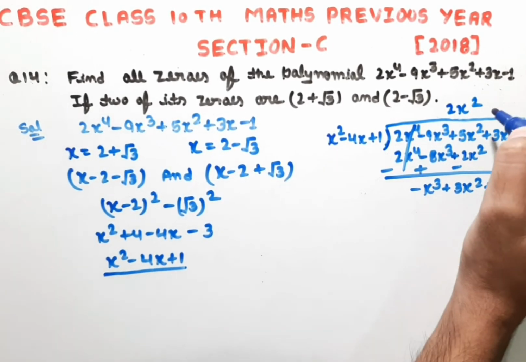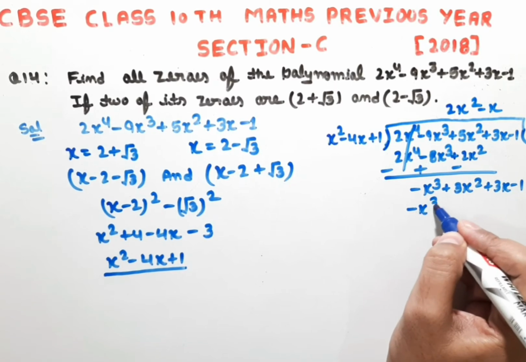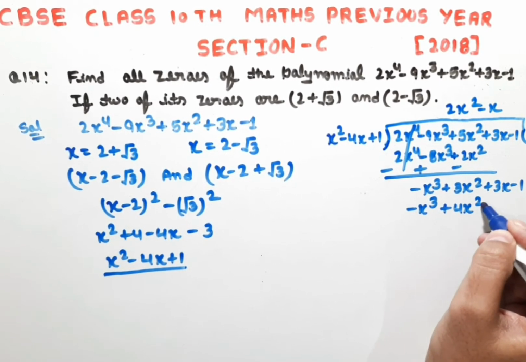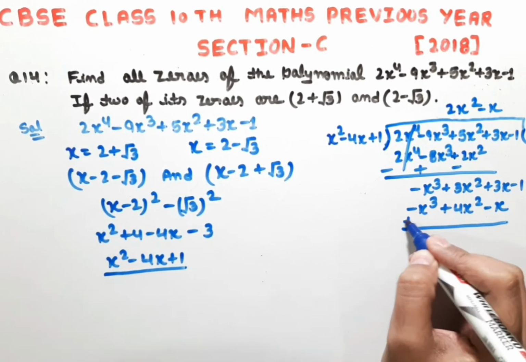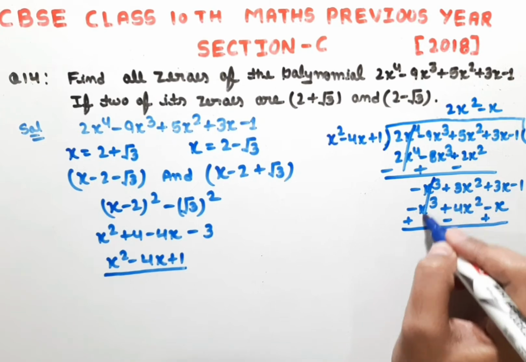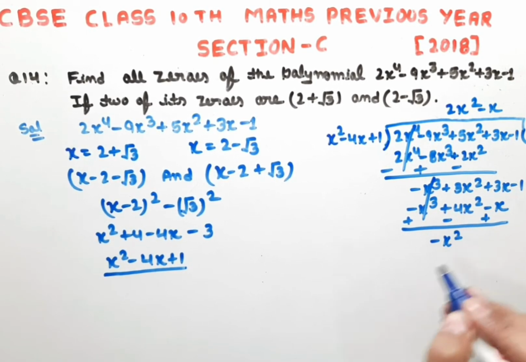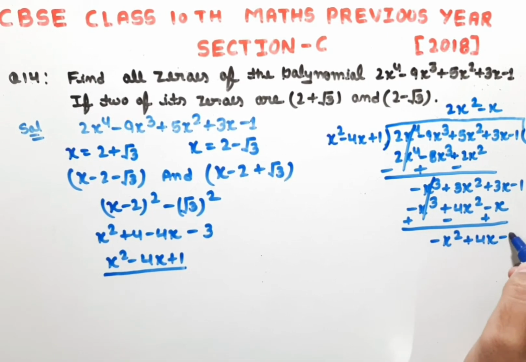Now minus x. So minus x cube plus 4x square minus x. Now signs will be changed, plus minus plus. This will be cancelled out. This will be minus x square plus 4x minus 1.